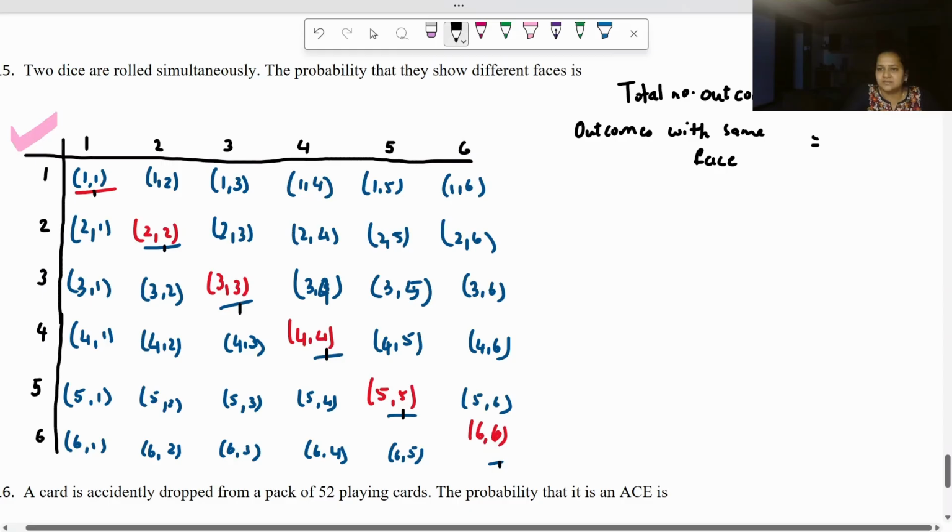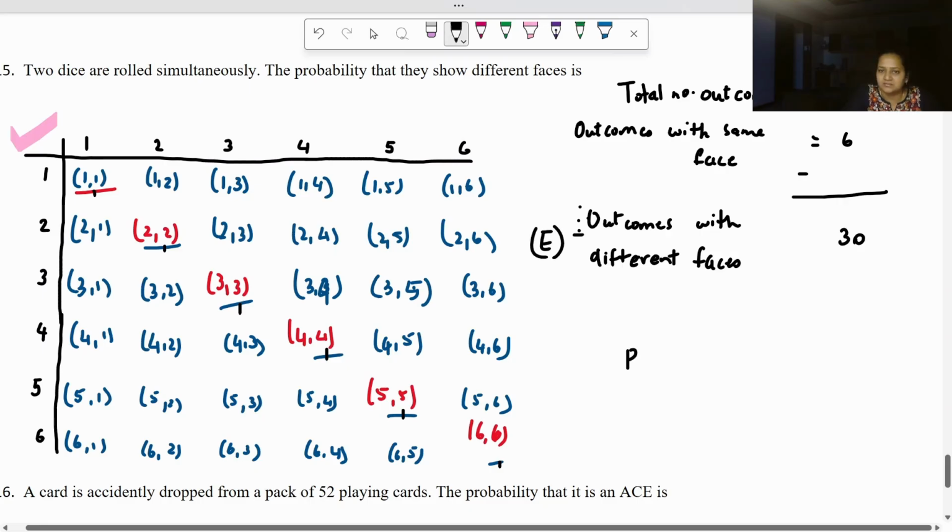So we have 6 doublets. Therefore, outcomes with different faces would be what? Their subtraction, 30. So if I call this my event E, then probability of E will be what? 30 out of 36, which is 6 5s are 30, 6 6s are 36.